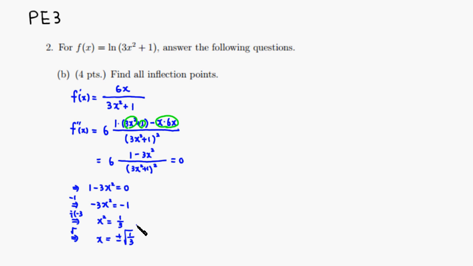So let's put a number line here. We put 2 tick marks for negative square root of 1/3 and positive square root of 1/3. Now we can test any number.